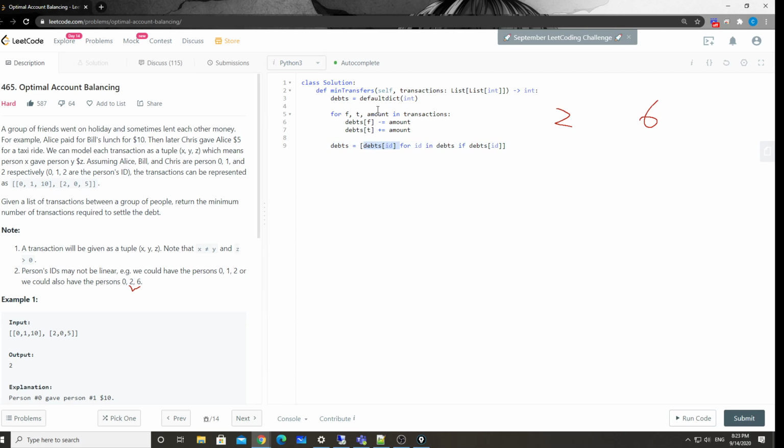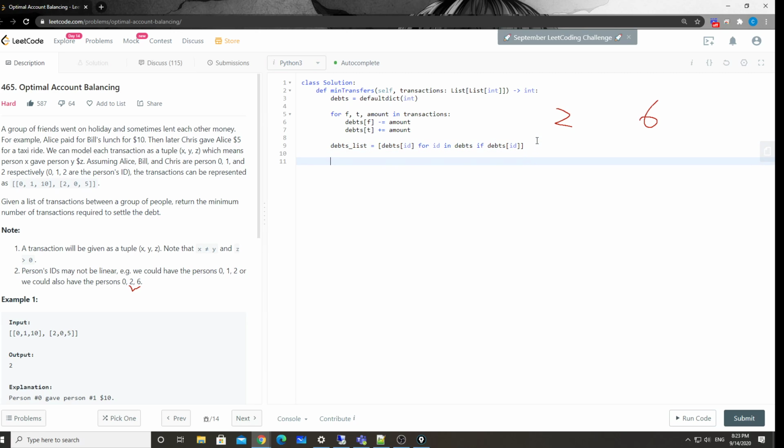Basically, we're trying to get each of the debts out of the map here. If anyone is not 0, we just insert it into the debts list here. So after this, we have a debts list, with the index being the key of that person.